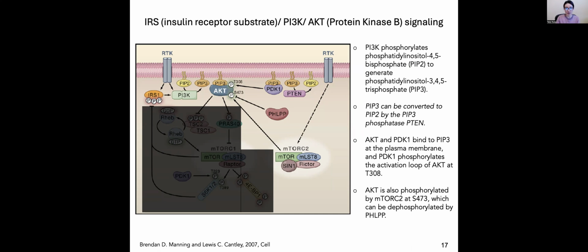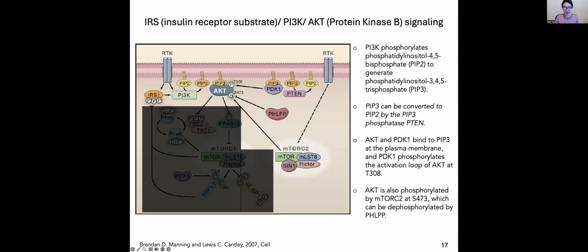And PDK1 is going to phosphorylate the activation loop of AKT on the threonine 308, the amino acid number 308, which is a threonine. And AKT is also phosphorylated by this other complex called mTORC2 at another residue, 473, which is a serine.